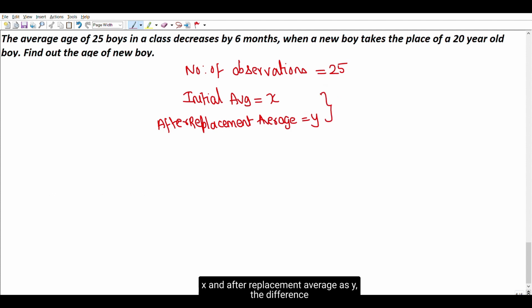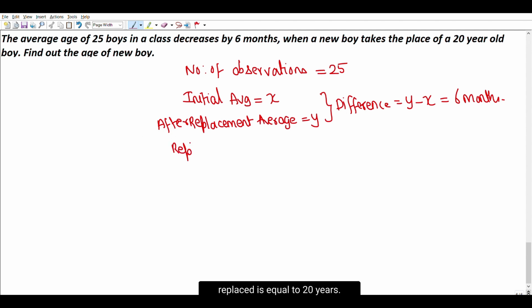The difference they have given, that is, when the replacement happens, the average decreases by 6 months. And the value which is getting replaced is equal to 20 years.